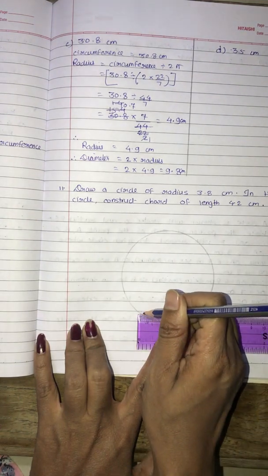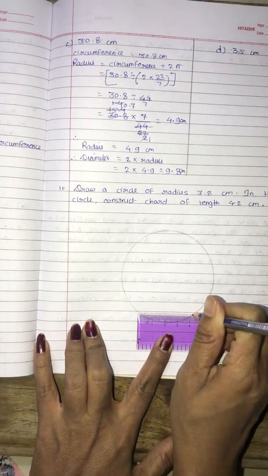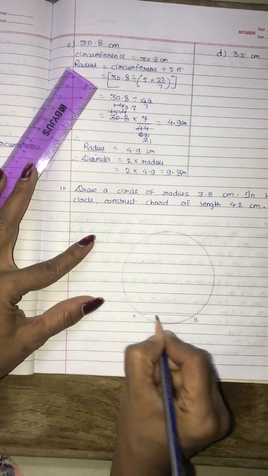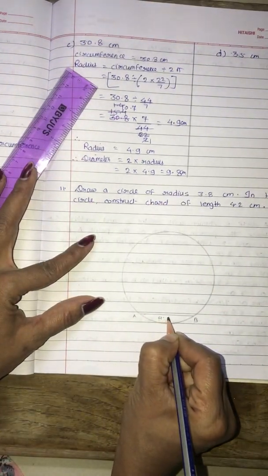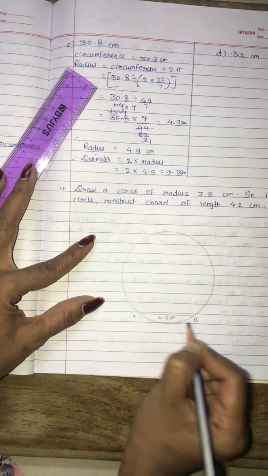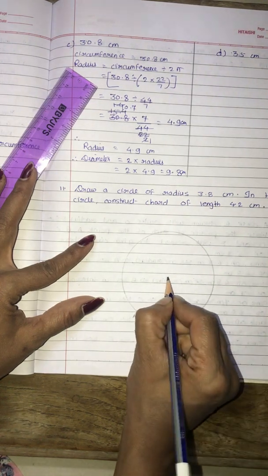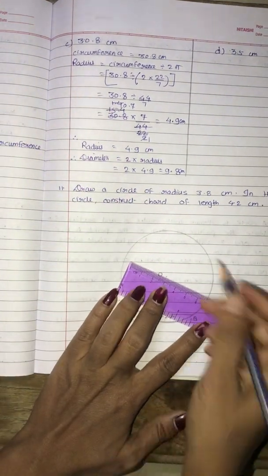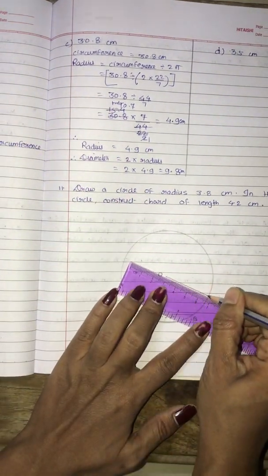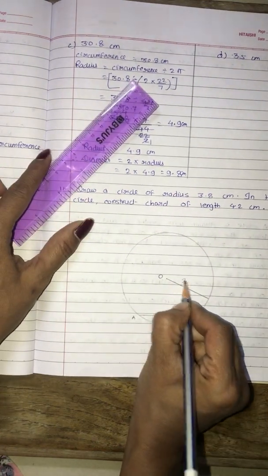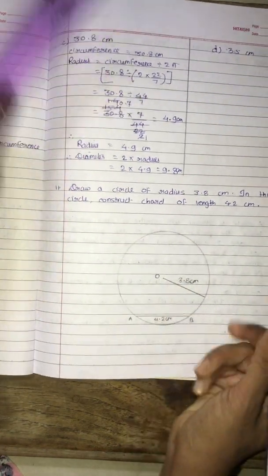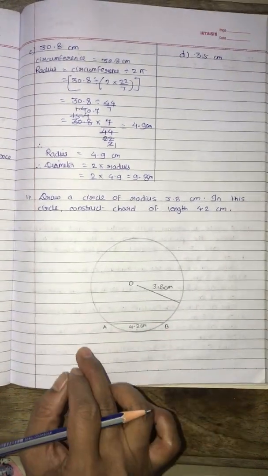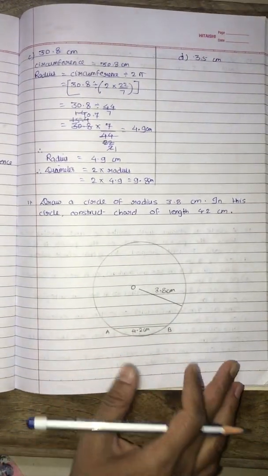So we will simply join these 2 points and we will get the chord A and B, and this is of length 4.2 centimeters. We have this center O, and the radius of this circle is 3.8 centimeters. So very easy, you can draw this circle as well as the chord.